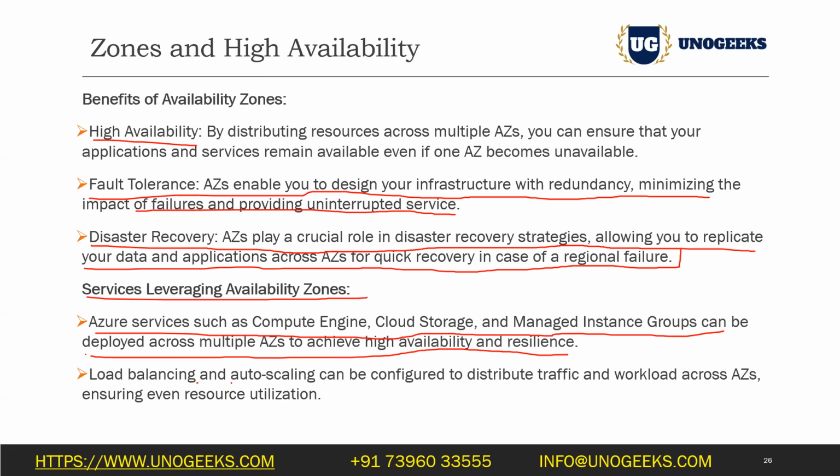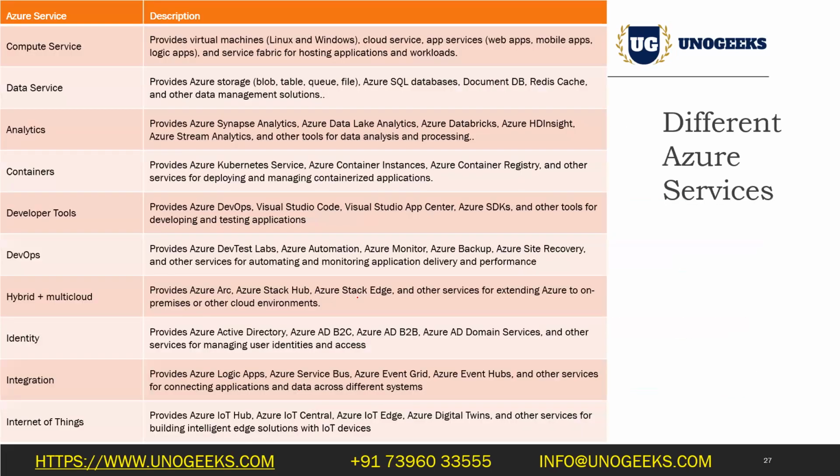Load balancing and auto scaling are configured to distribute the traffic across the workloads. This is one example I showed you, traffic manager, where it distributes the load and utilizes the resources on the Azure side. Compute stands for virtual networks, virtual machines, web apps, mobile apps, logic apps, and Service Fabric.